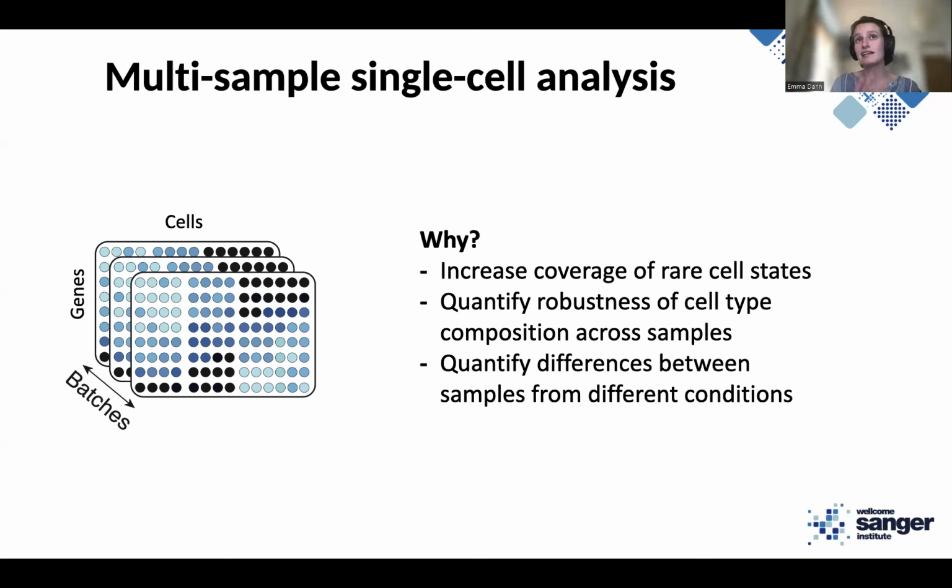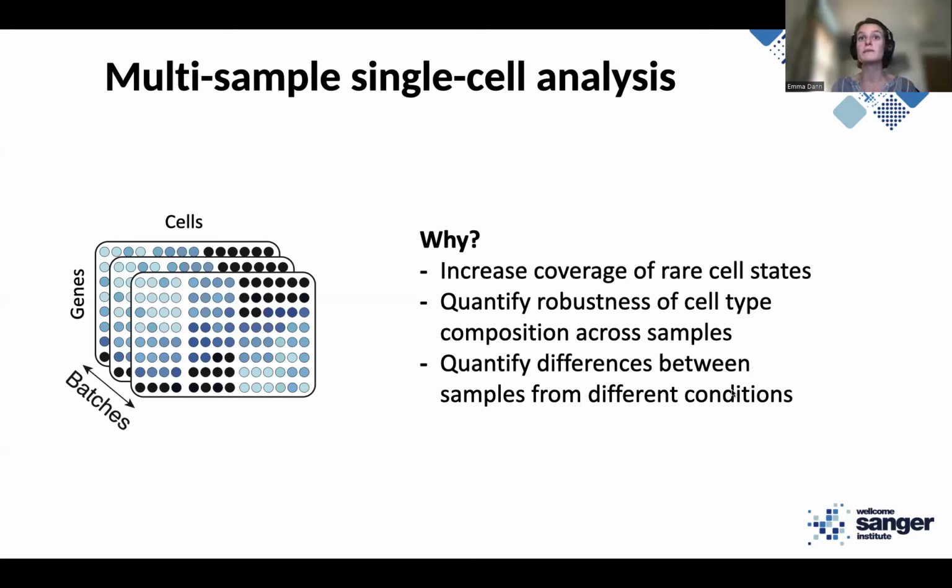One of the main reasons people started doing this is simply to increase the coverage of rare cell states. If you only take one tissue sample, you're not likely to capture cell types that are very rare. Then we want to have multiple cells from multiple donors or samples to assess: is this type of cell that we're seeing an artifact of our sample, or is it found consistently across samples?